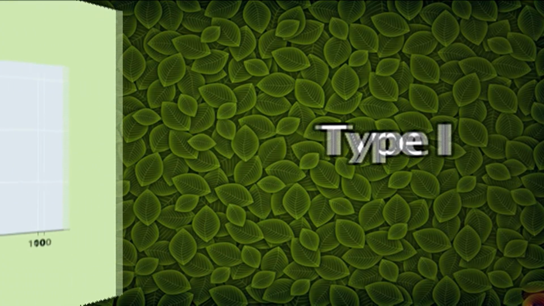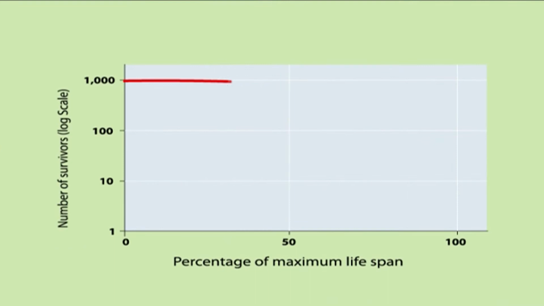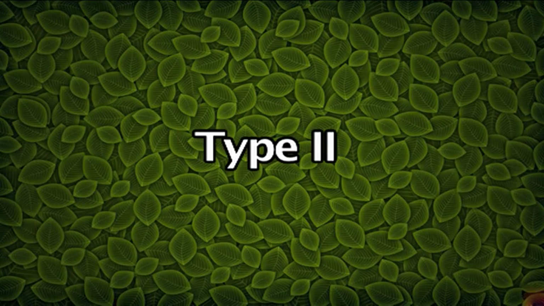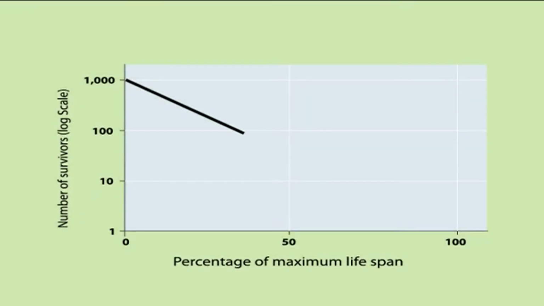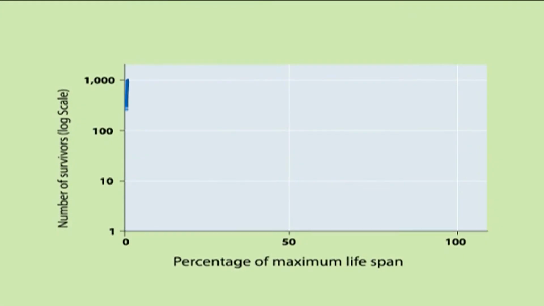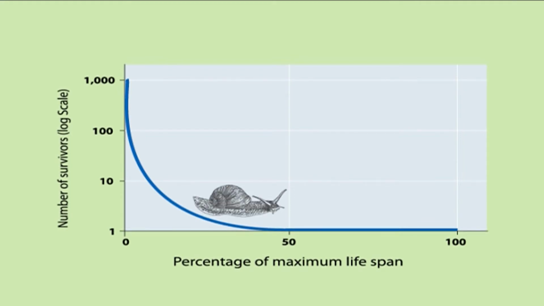Type 1, a convex curve in which mortality is low initially and throughout more than half of the lifespan, after which it increases markedly. Type 2 survivorship curve, a straight line in which mortality is more or less constant throughout the lifespan. And type 3 survivorship curve, a concave curve in which mortality is extremely high initially but decreases markedly for much of the remainder of the lifespan.